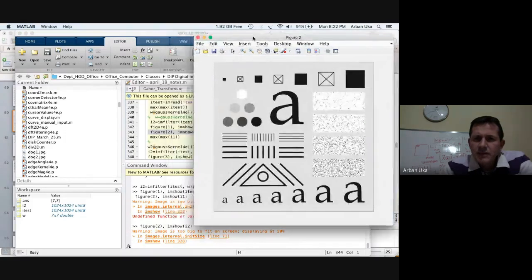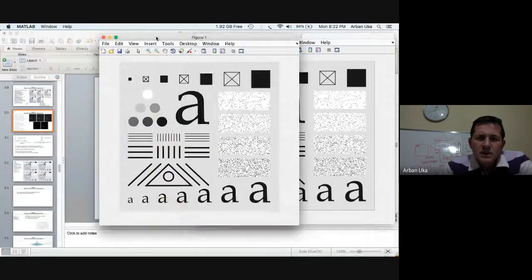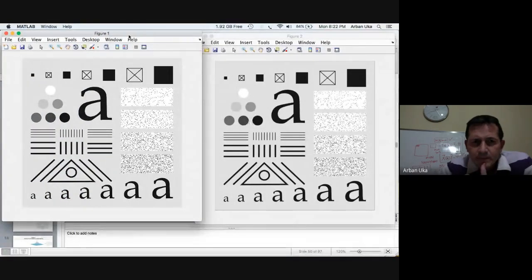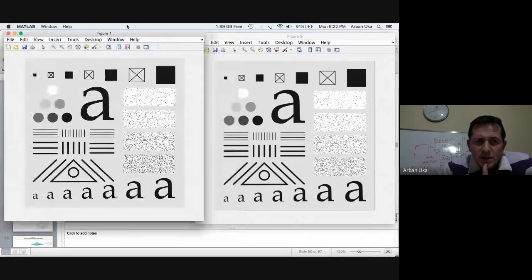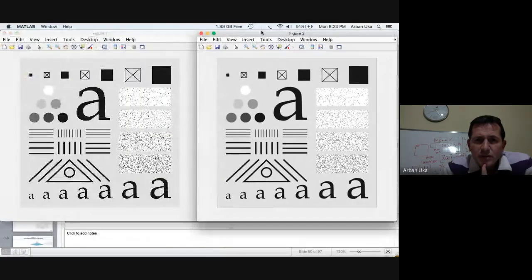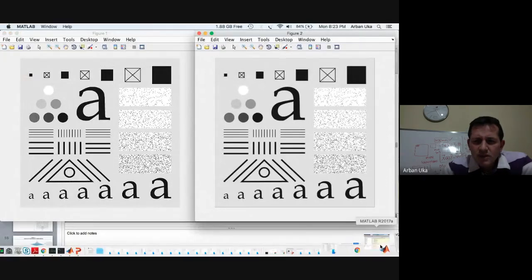Okay, so this is figure 2, and figure 1 was here. What we did here is that we started with this and convolved this original image with the filter W. Now, a Gaussian filter is an averaging one.